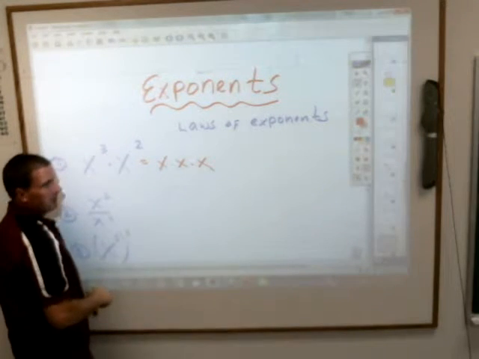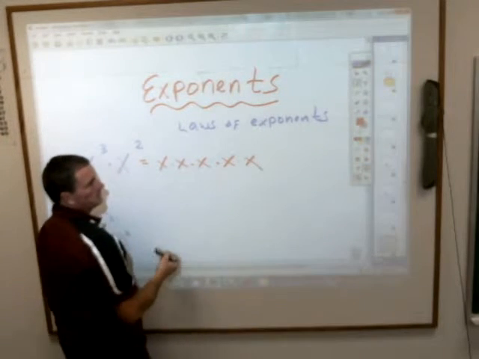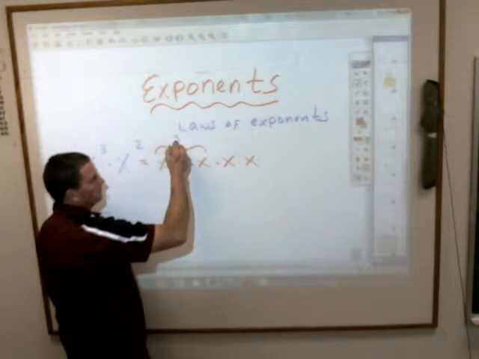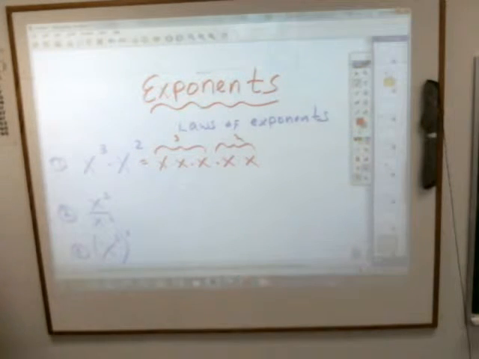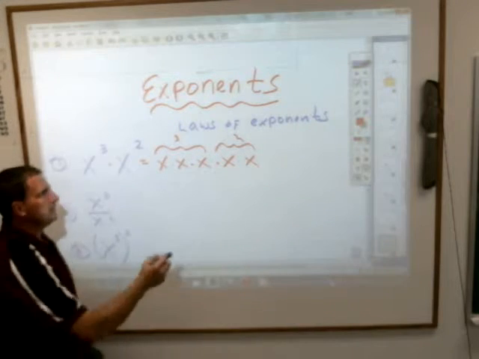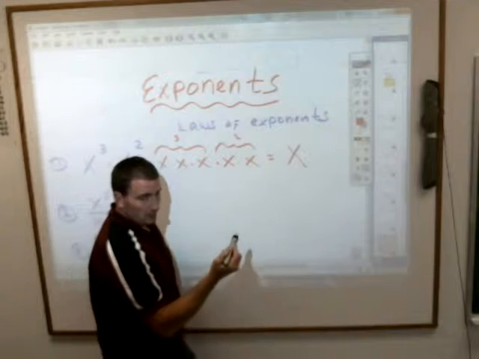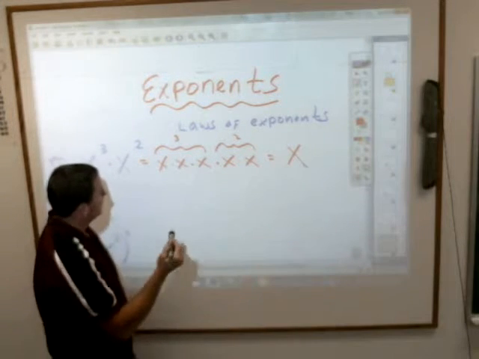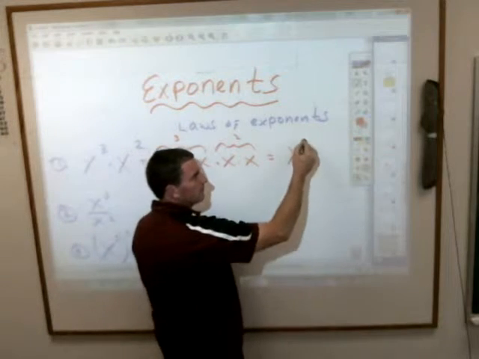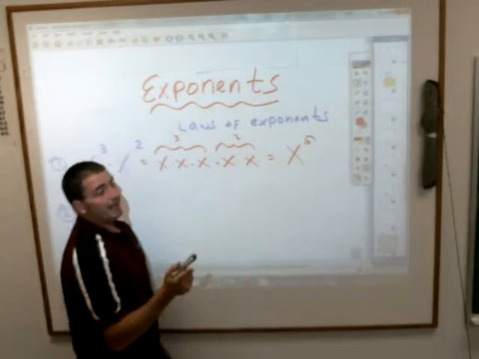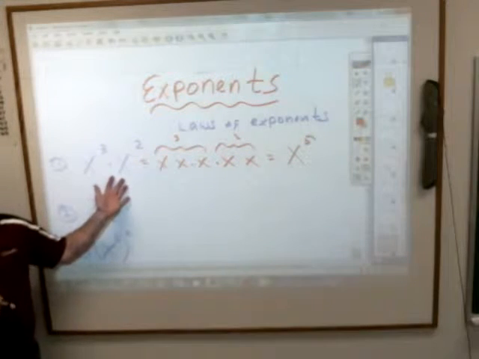If I multiply that by x squared, which is x times x, I end up with, ladies and gentlemen, x to the fifth power. And Taylor Pavia, that is why this is confusing, because it's multiplication.